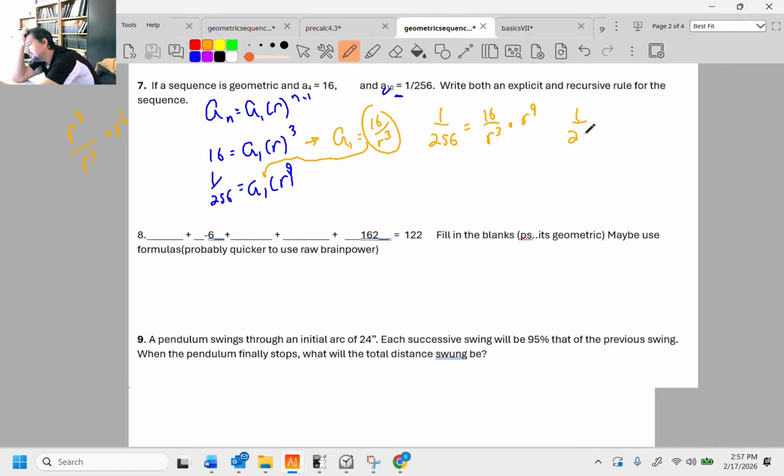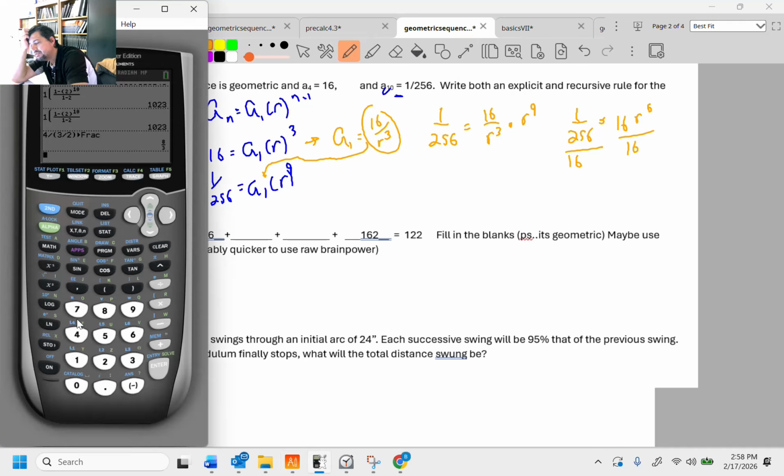So 256 equals 16 r to the 6th. And divide both sides by 16. If I was doing this on paper, I'd say 256 divided by 16, but on the calculator, 256 divided by 16, enter.